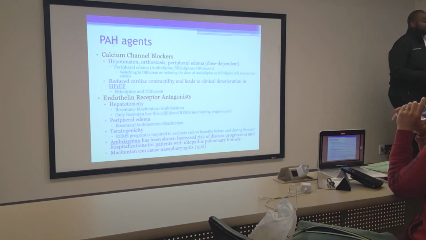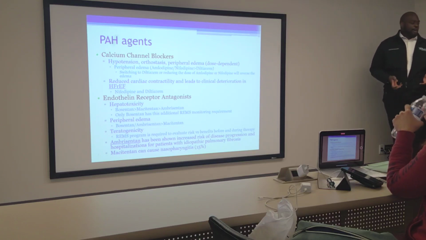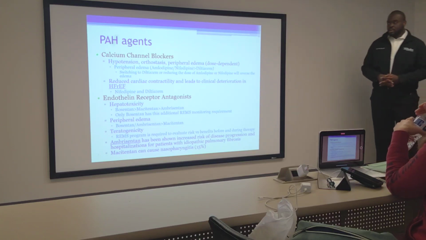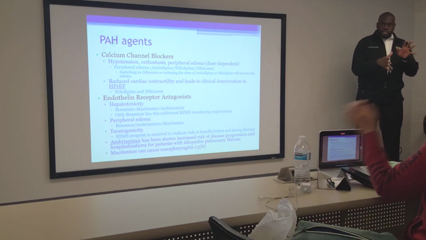And know that ambrisentan has been shown to increase risk for disease progression and for hospitalization for patients who have idiopathic pulmonary fibrosis. So this kind of goes back to the rationale of use at this point.